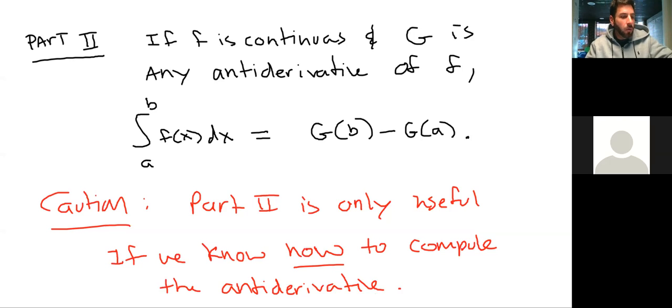Okay, so what does this mean for us? This means we need to understand how to compute antiderivatives. So we solved one problem, but by solving that problem, we introduced a new problem. So that's what we have to do now.